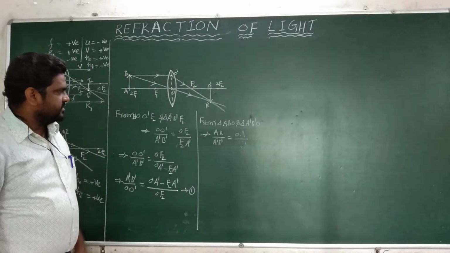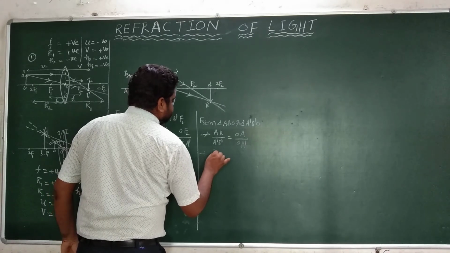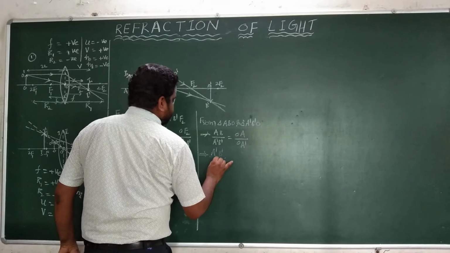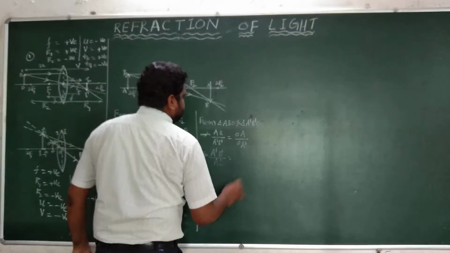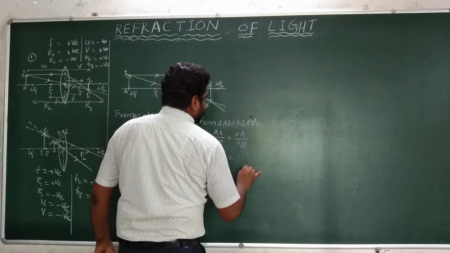So for our convenience, we have to write A dash B dash by AB equals OA dash divided by OA.